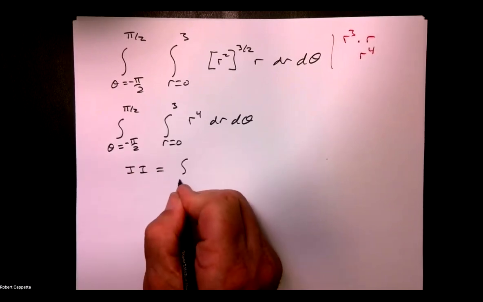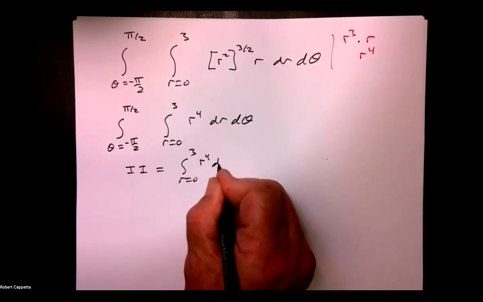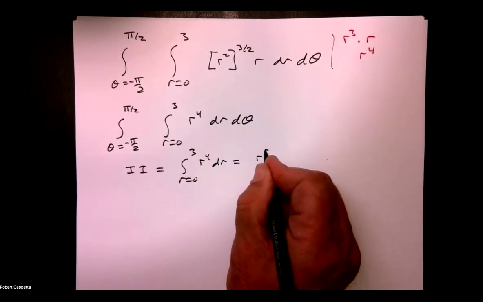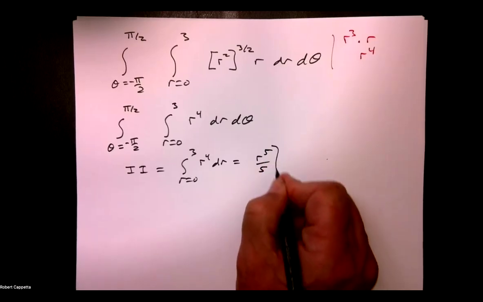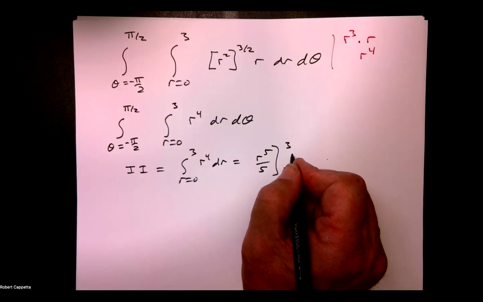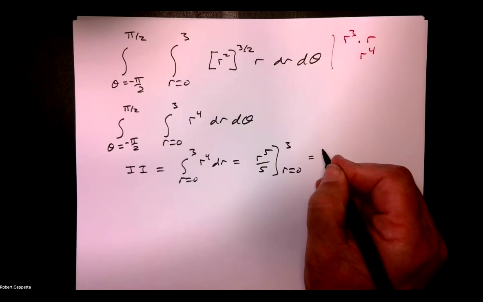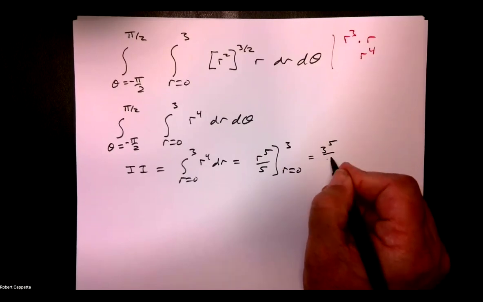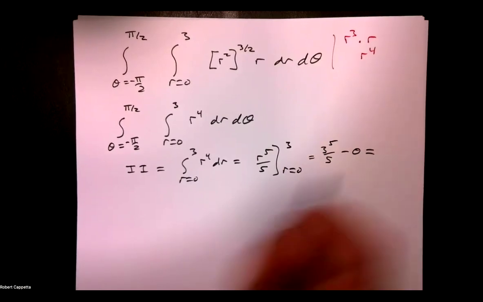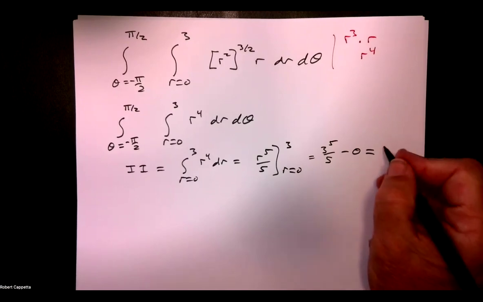Inner integral is r goes from 0 to 3 of r to the 4th dr, which is r to the 5th over 5 as r goes from 0 to 3, which is 3 to the 5th over 5 minus 0, which is 243 over 5.